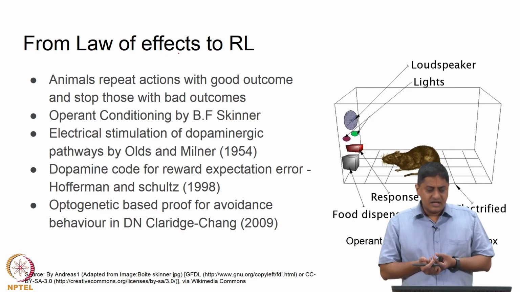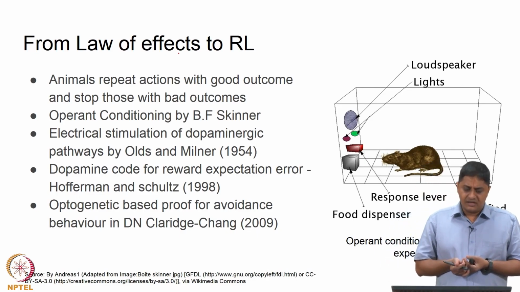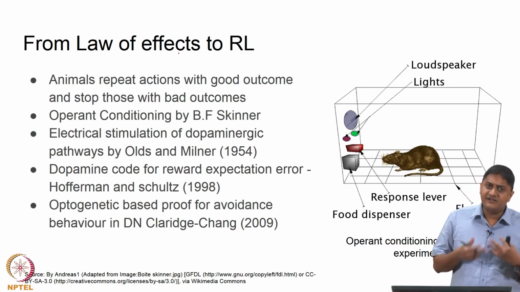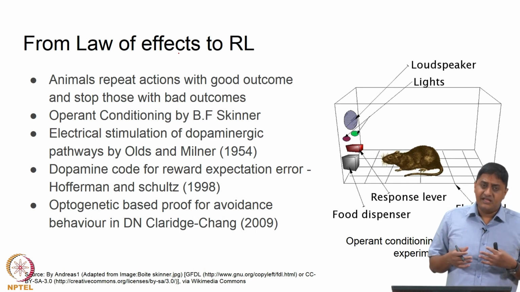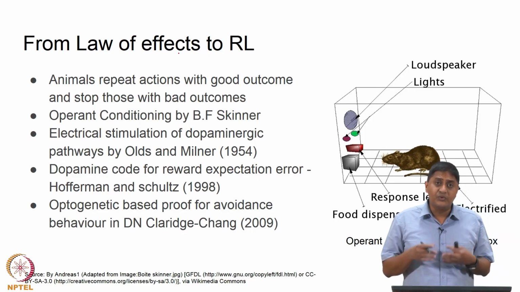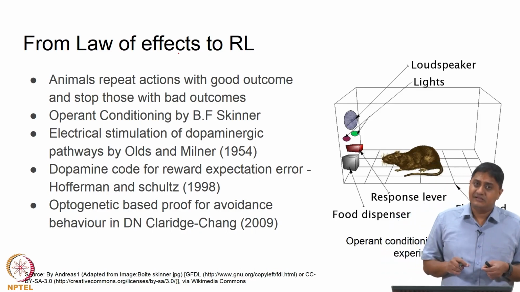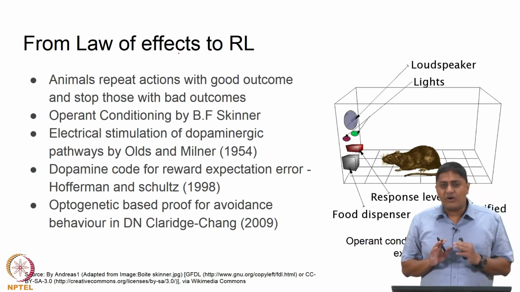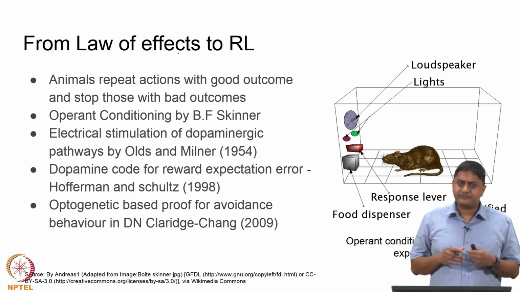century, is that animals in general repeat actions that are beneficial to them, right. Whatever they think is beneficial to them is going to get repeated, and those that are punitive, those that cause pain or some sort of discomfort, are avoided by the animals.